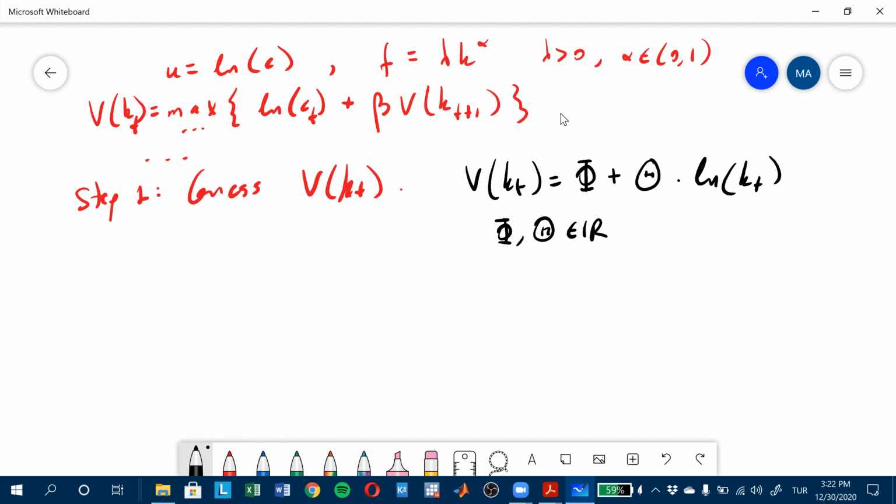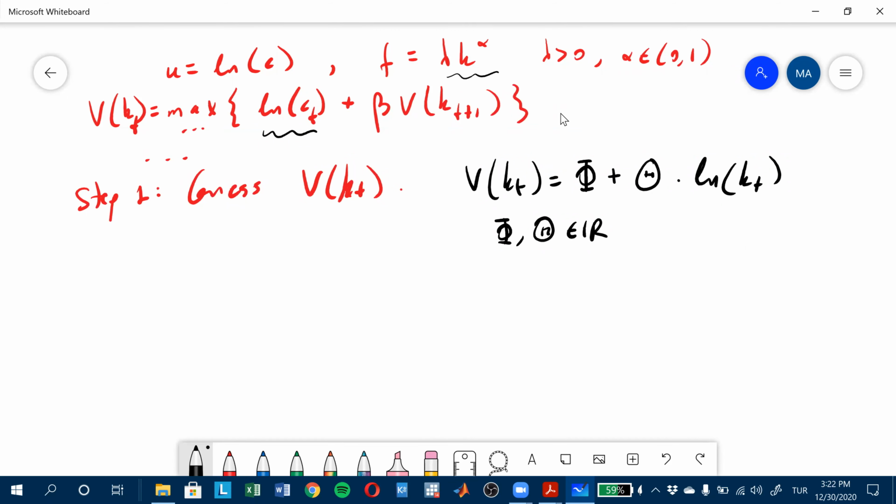All right. Now, how did I choose the logarithmic form? Well, the simple reason is that I know that this is true. But if you look at your utility function, and if you look at your production function, you realize that if savings are constant, think heuristically: if I spend a constant fraction of my income on saving and the remaining fraction on consumption, then if I put consumption there, it will be a logarithmic function of capital stock, right?